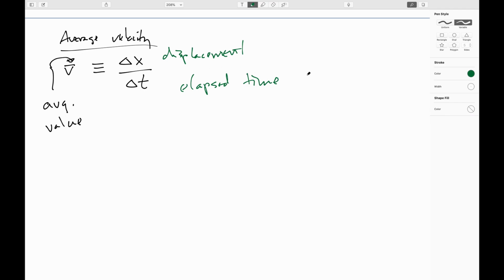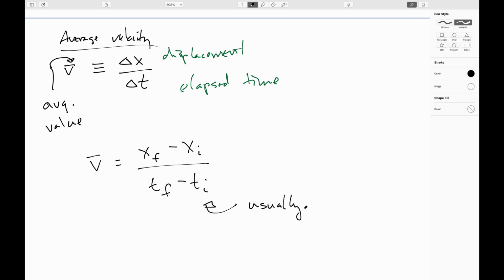Since these are both changes, we can take this a little further and say the average velocity would be equal to x final minus x initial over t final minus t initial. Just a quick side note, this initial time is usually 0, but it doesn't have to be. Most of the time we can rig things up so we choose the problem to start at t equals 0 just to make the math a little easier.